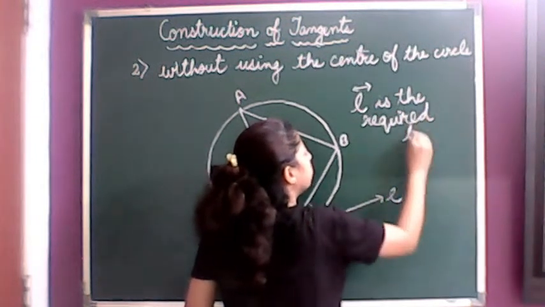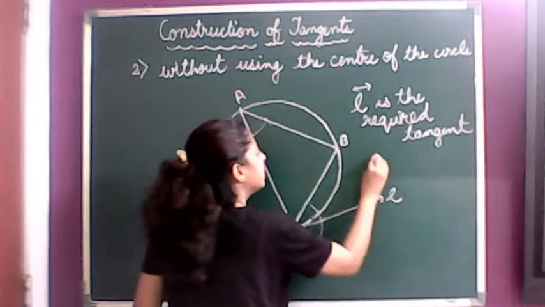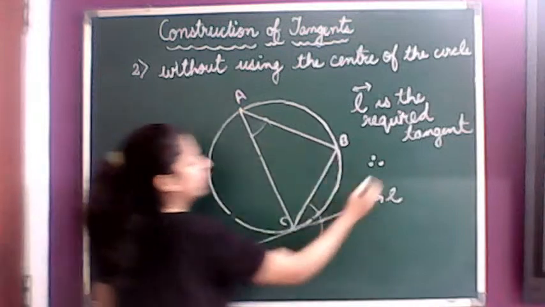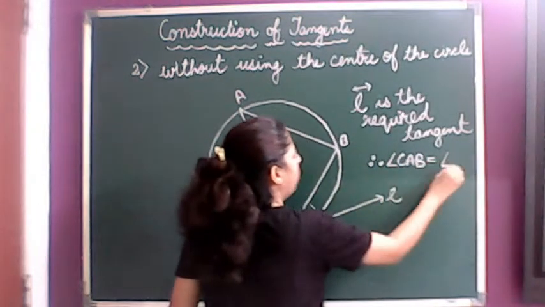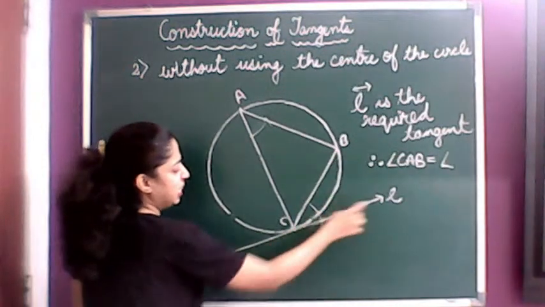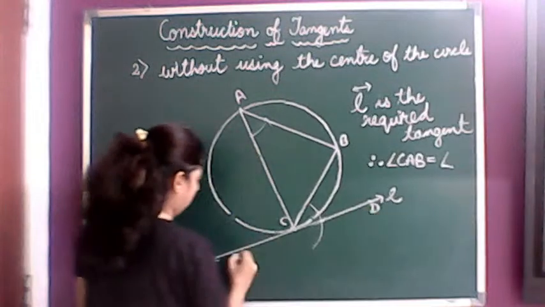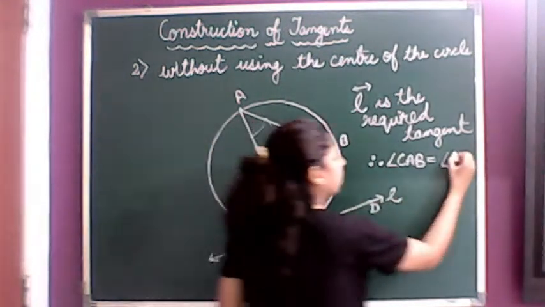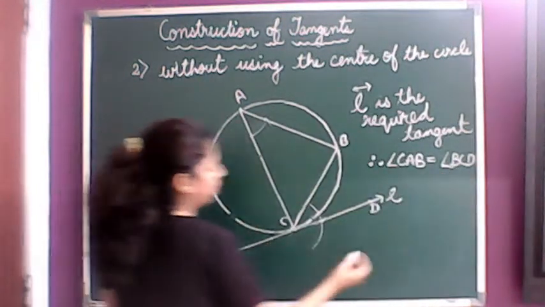And then, my dear students, you will also write why it is the required tangent: since angle CAB is equal to angle BCD. You will name this as maybe D, E. And you will also write the name of the theorem.